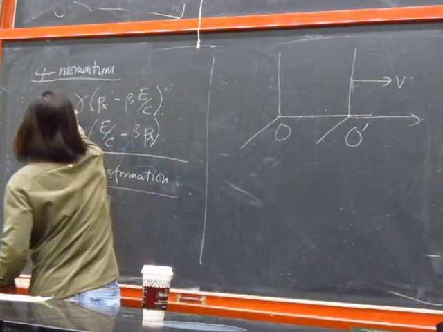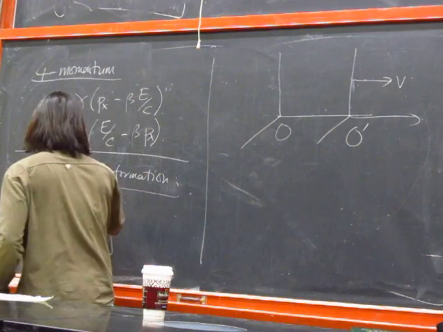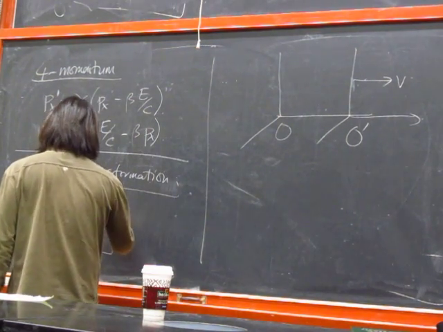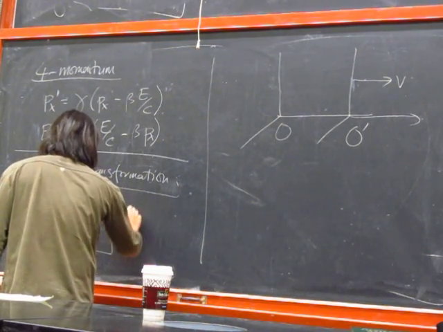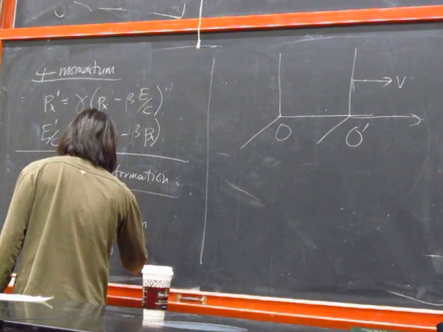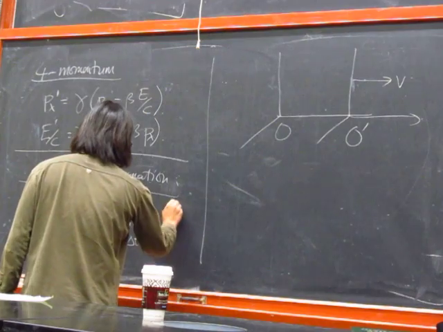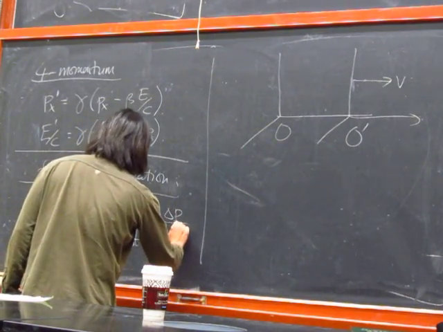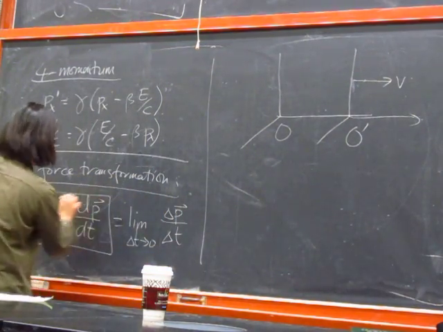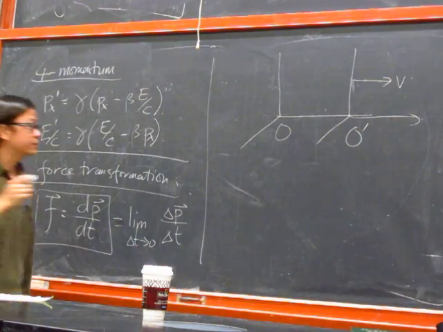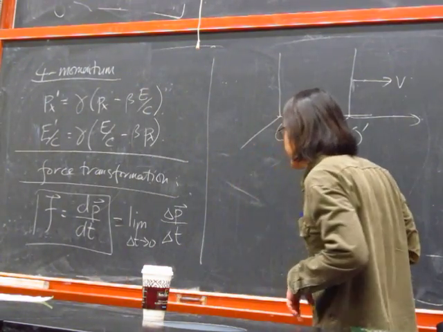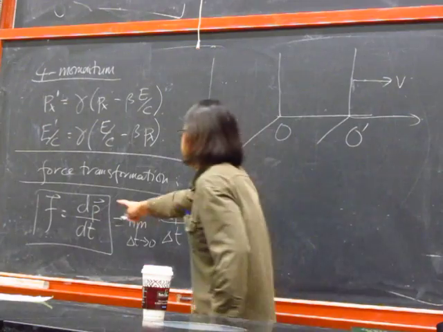This is actually a change in momentum, right? And this is the limit as delta t goes to 0. So let's look at delta p.